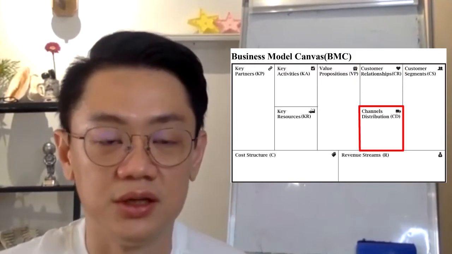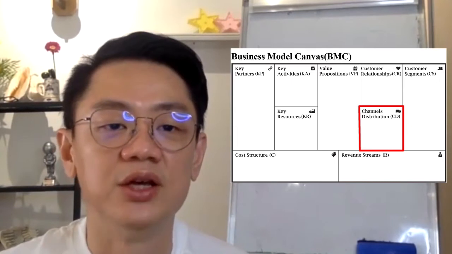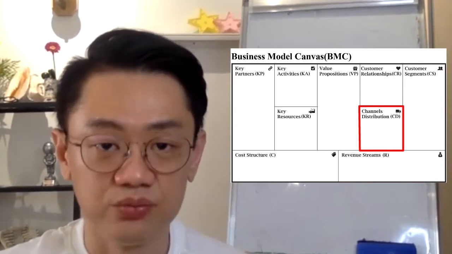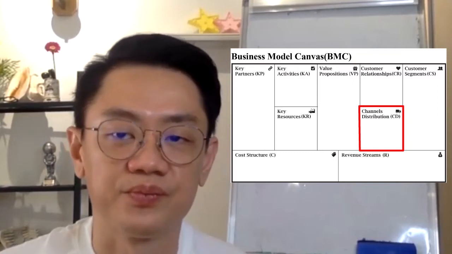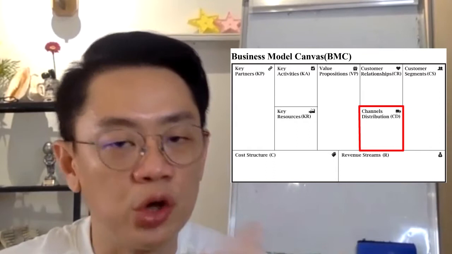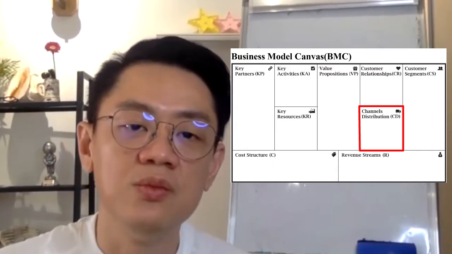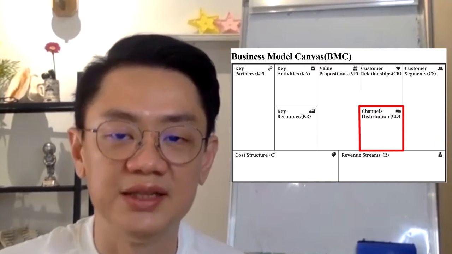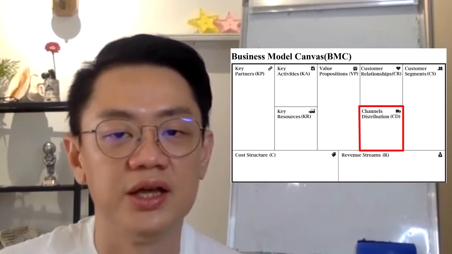Number 4, channel distribution, the CD. You have VP in place, so via what channel will you deliver to them? This is where your customer comes into contact with your business and contributes to your revenue stream. You must have a reliable distribution and sales channel that will help you communicate your business to your target audience.